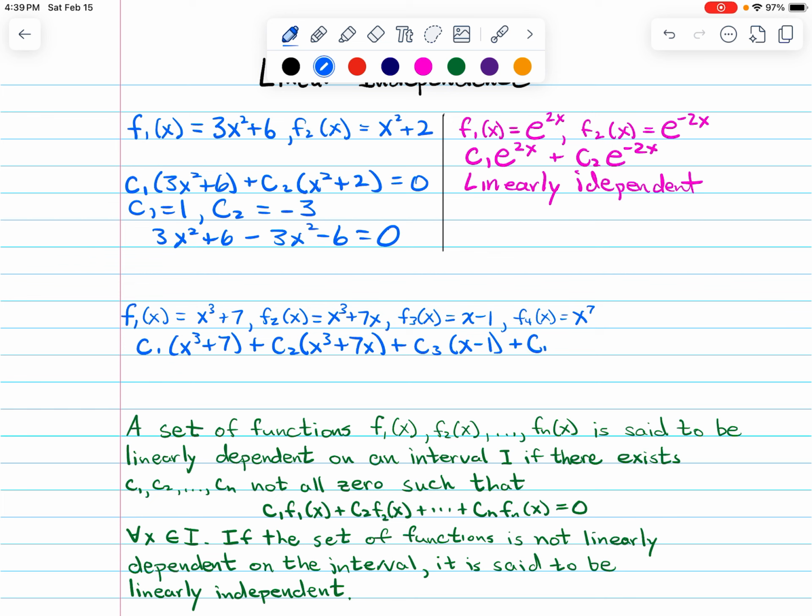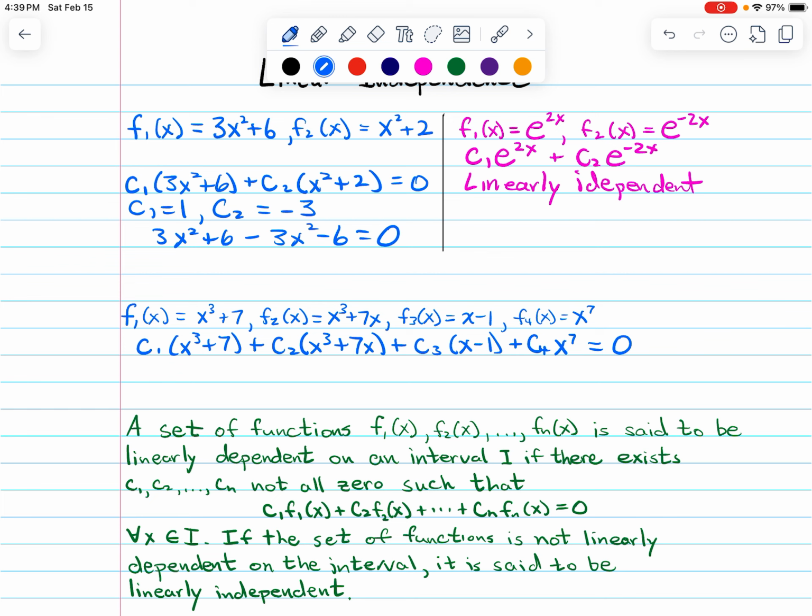And then C4, we've got just x to the 7th, C4 times x to the 7th. Now I'm wondering, are there any choices that I can make for C1, C2, C3, and C4 that will make this equal to 0? Well, let's see here.